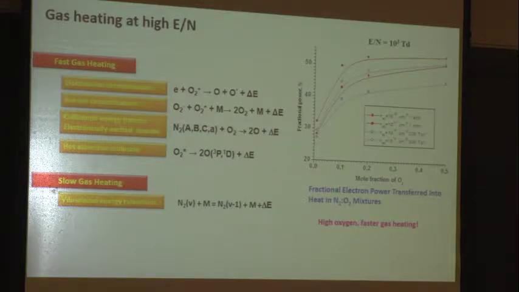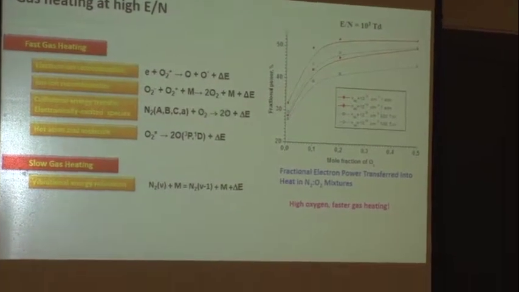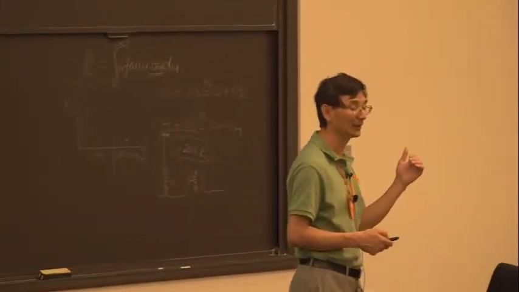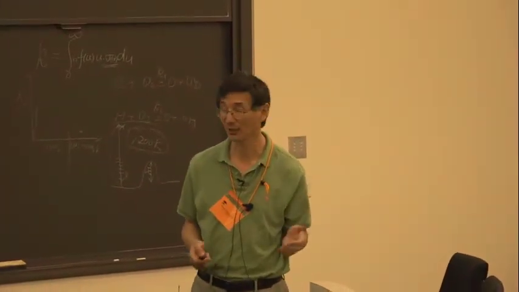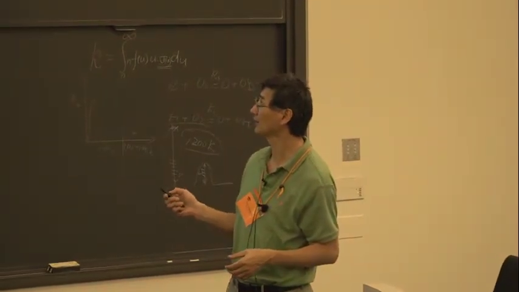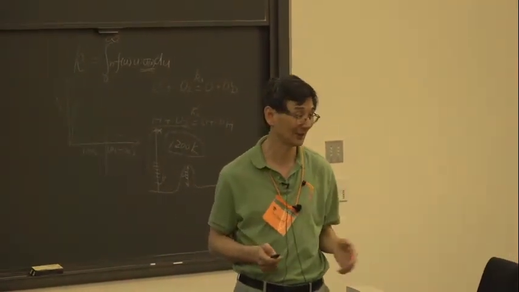If you don't want the fast heating and you want the slow heating, you probably dilute the mixture with more nitrogen. So this can control the timing of fast heating and slow heating. This is a very important message to take back. Sometimes you don't want fast heating to come, and sometimes you do, and you can change that by changing the concentration of oxygen, because oxygen potentially participates in the fast gas heating process.